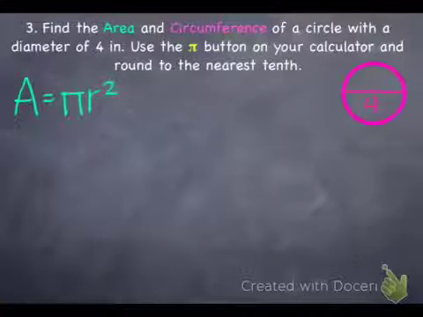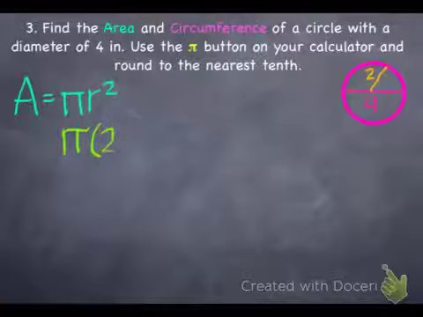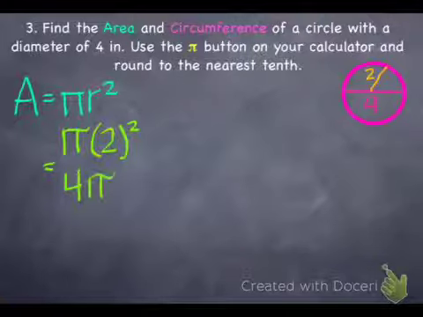So if we have a diameter of 4, but we only want our radius, it's going to be half of 4, so 4 divided by 2 is 2. So we're going to do pi 2 squared. 2 times 2 is 4, so we're going to do 4 times pi, and then it tells us up here we're going to use the pi button on our calculator and round to the nearest tenth.